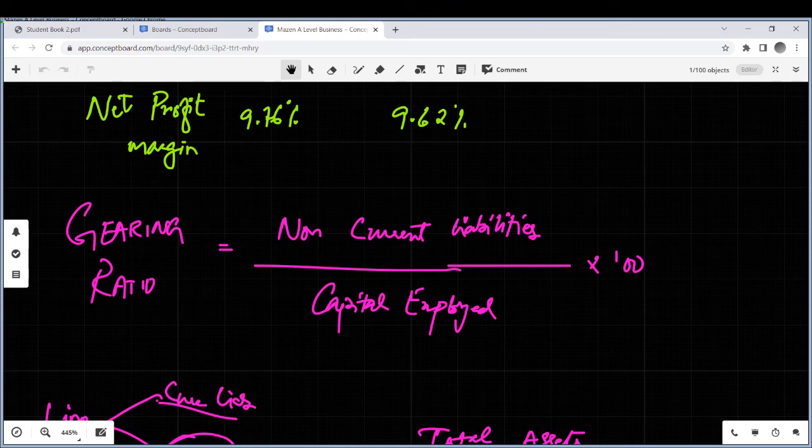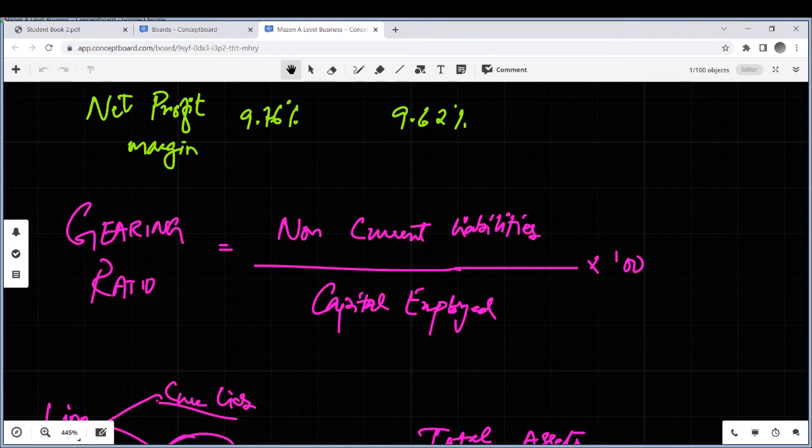Did you get it? The ratio of non-current liabilities in the total finance that is available with the business. Is a high gearing ratio good or bad?